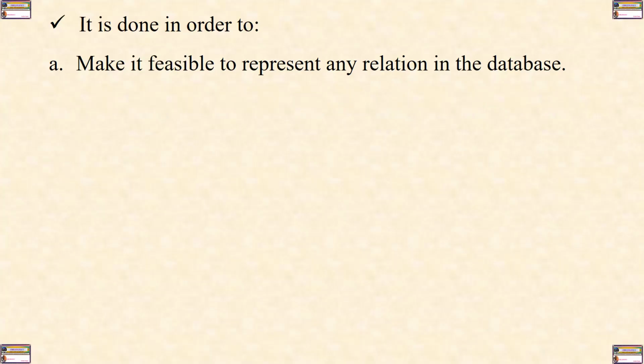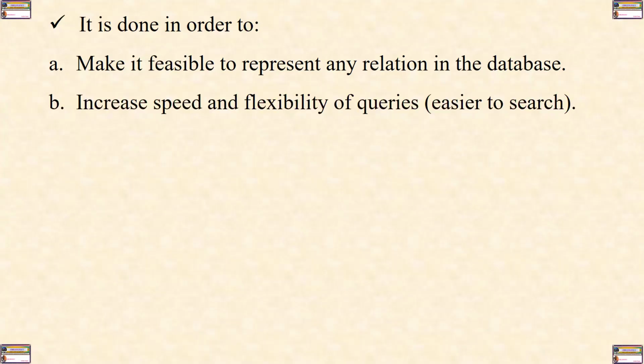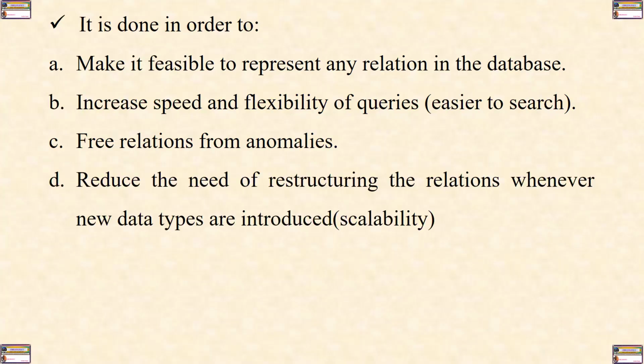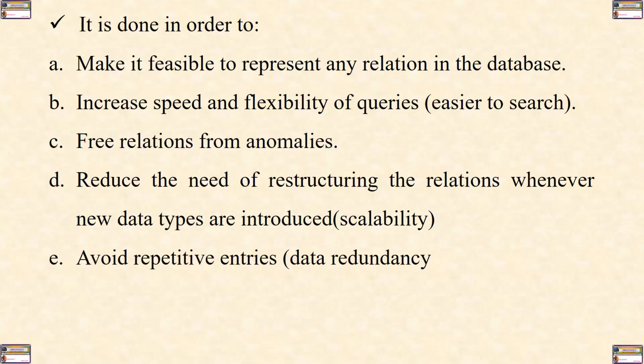Number 1, normalization makes it feasible to represent any relation in the database. Number 2, it helps increase the speed and flexibility of queries. That makes it easier to search for any information. Normalization frees relations from anomalies. It reduces the need of restructuring the relations whenever new data types are introduced. It helps avoid repetitive entries.